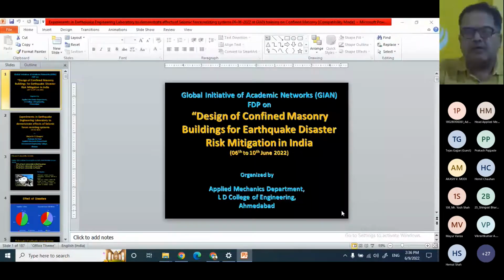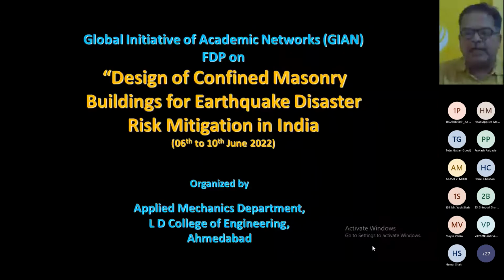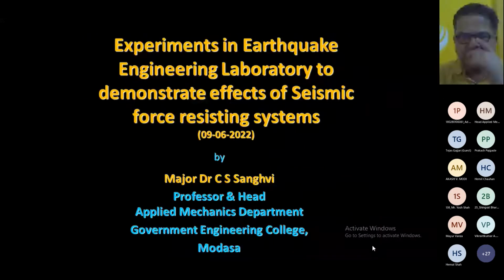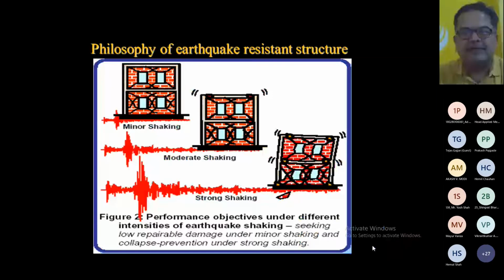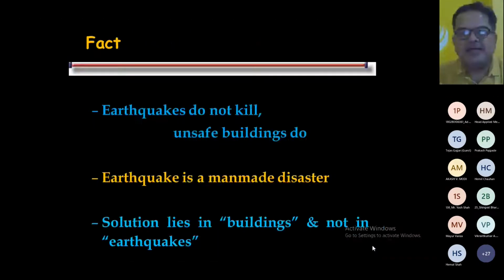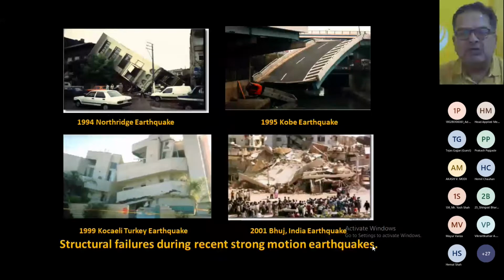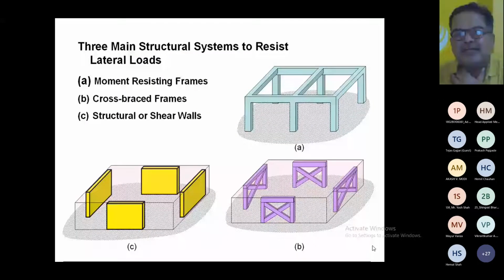Okay. Fine. So in the last lecture, we discussed the experiments in earthquake engineering. Basically, we want to study the effects of earthquake force on lateral load resisting systems, right? And we discussed the philosophy where damage or collapse is not allowed, and we said that there are a number of structural systems we have.